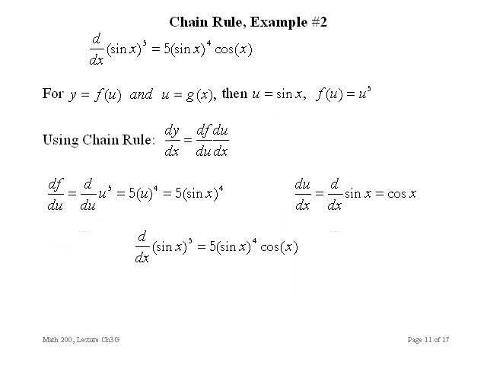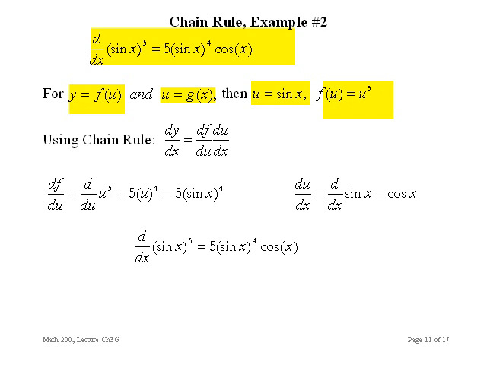Okay, now I'm going to do the same problem again. Sine x raised to the fifth. But I'll do it using that other notation. Get the same answer. Okay, so I'm going to say y is some function of u, and u is g of x. So that means that u is the sine of x, and f of u is u to the fifth.